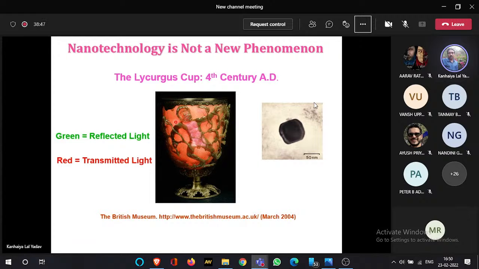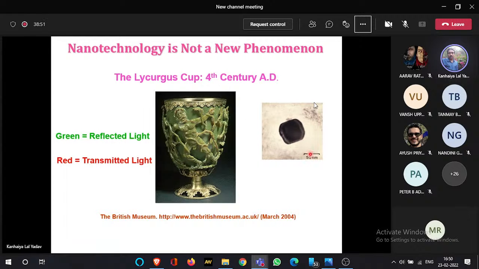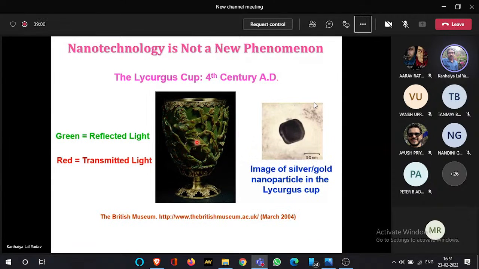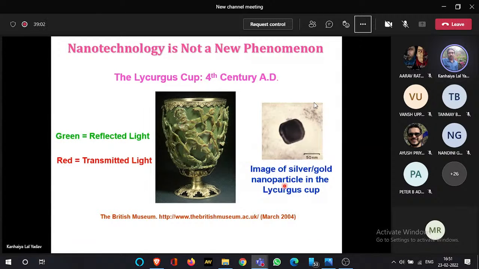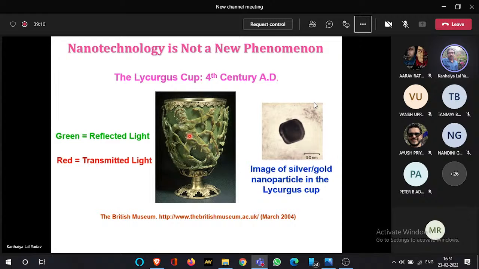People have studied this and found that, if you see, this is a 50 nanometer scale, and this is the size of the particle, around 50 nanometers. There are silver and gold nanoparticles of these sizes in the cup, so it shows this behavior due to the embedded nanoparticles.